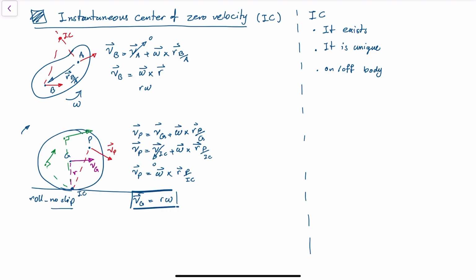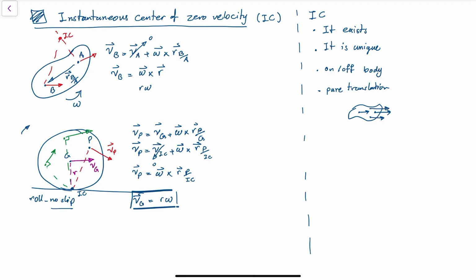One special case is when the body is undergoing pure translation. You can still argue that the point exists. So you have a body. Everything is moving with the same velocity.